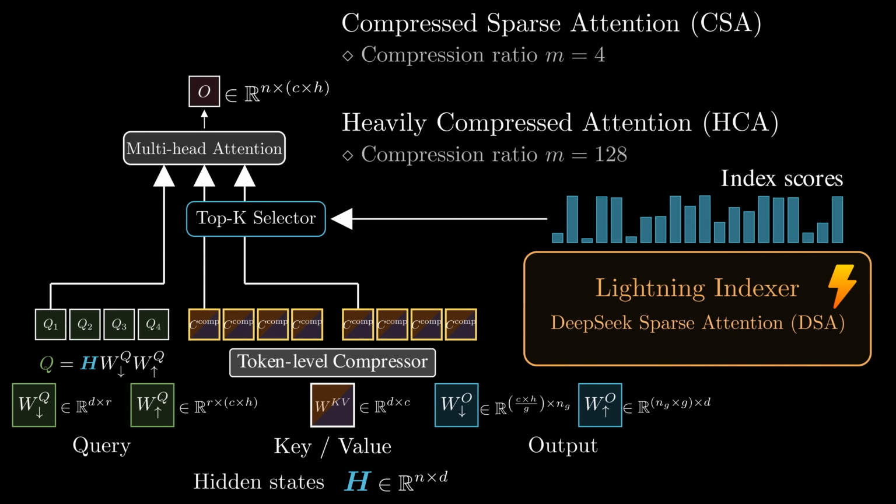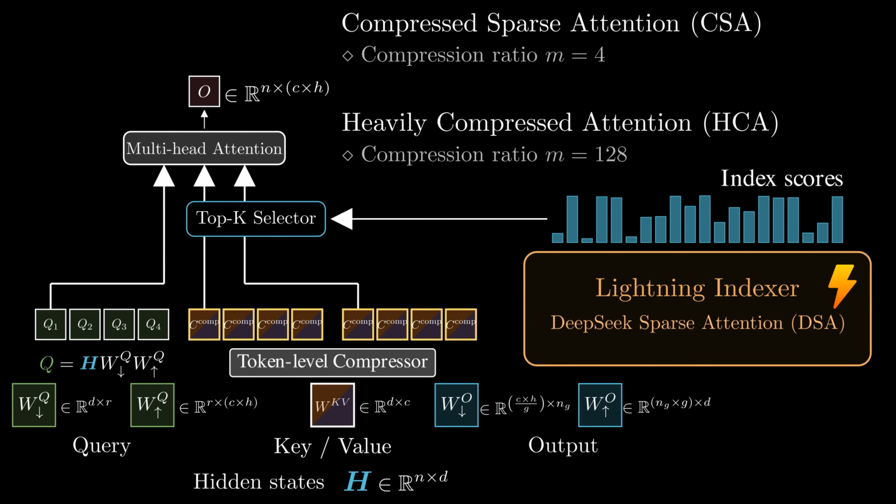This aggressive compression not only dramatically reduces the size of the KV cache, but also enables the model to efficiently aggregate information from extremely long sequences. By summarizing large spans of tokens into compact key-value summaries, HCA allows the model to reason over much longer contexts without a proportional increase in computation or memory.